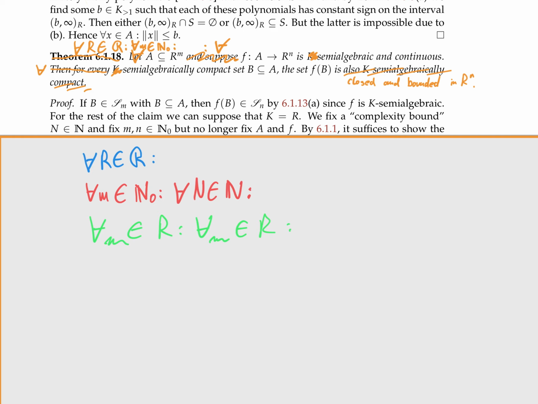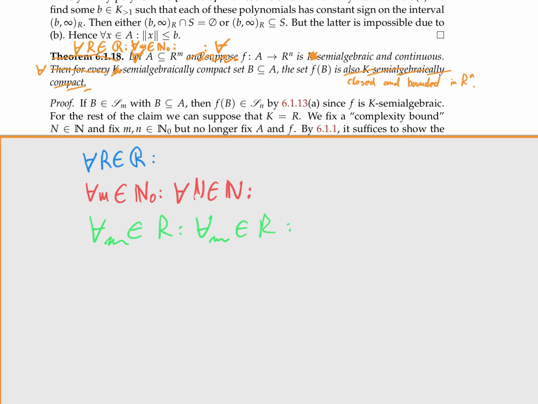So that's why I say here we fix this complexity bound, and we fix m and n actually, that we can fix, right? N also, right? So maybe I should have written here first.